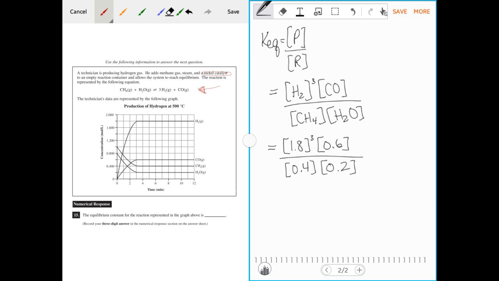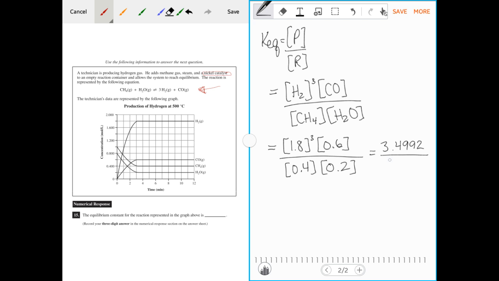So when we go to plug all of these numbers in, we have to ensure again that we follow our mathematical functions. We have to do the top of our equation followed by the bottom of our equation when we're solving this. So when I go 1.8 to the exponent of 3, let's plug that into our calculator, times by 0.6. This equals, okay, I can keep that in my calculator. If I have a scientific calculator, I can store that value.